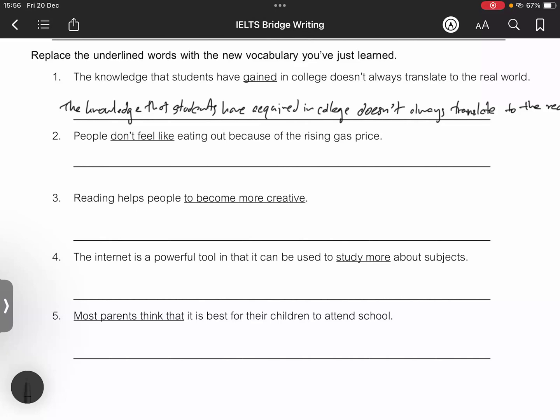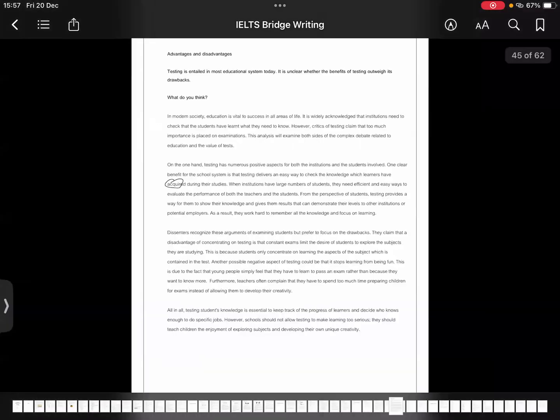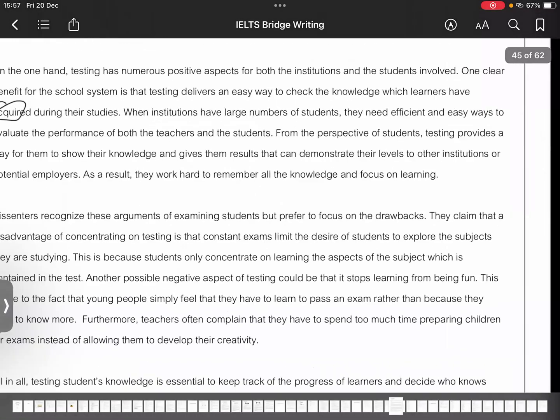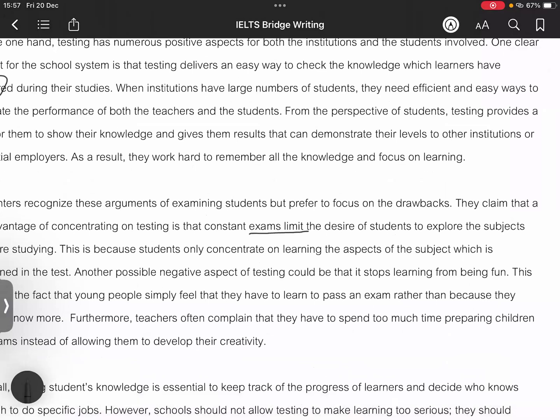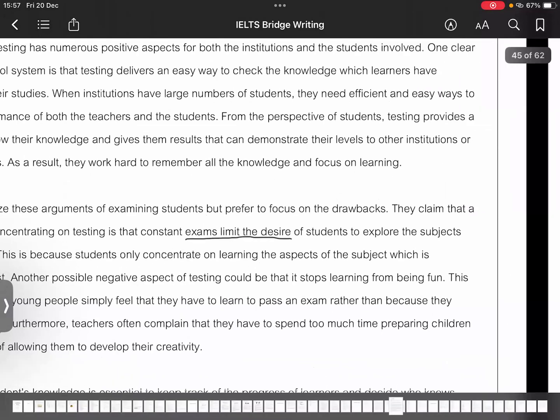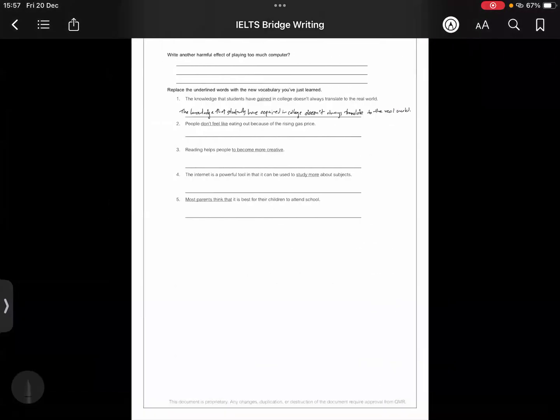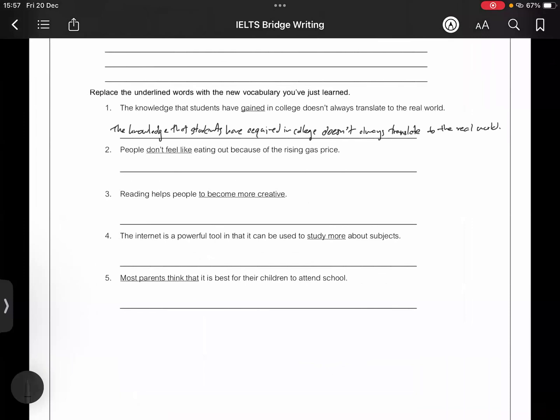I think the equivalent expression would be limit, right? Limit their desire. So what you can say here is the rising gas price limits people's desire to eat out.